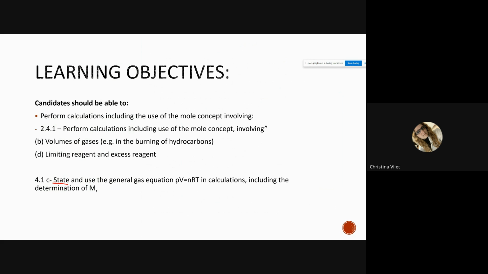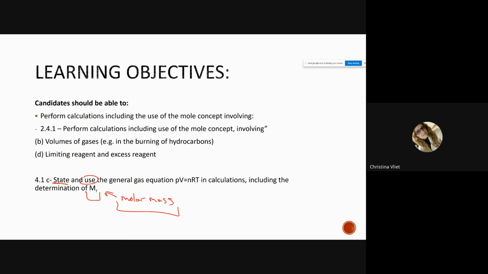State is an easy question, meaning it's literally write down the formula. Those questions don't show up very often, but it's not impossible. If it's in the standard, it can be asked. It's an easy mark. Now, use means what we've been doing: plug the numbers in and solve it in calculations, including the determination of molar mass or relative molecular mass.